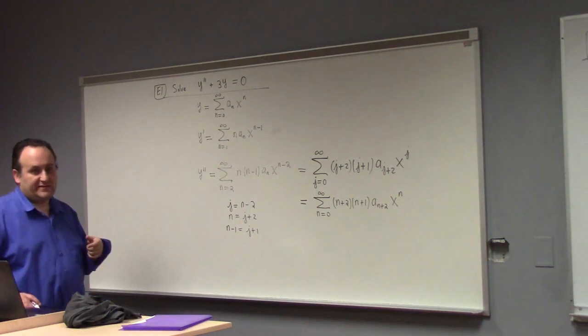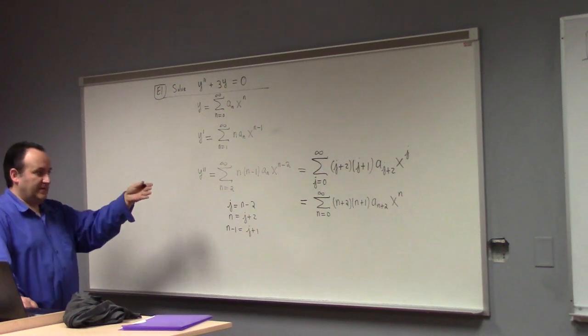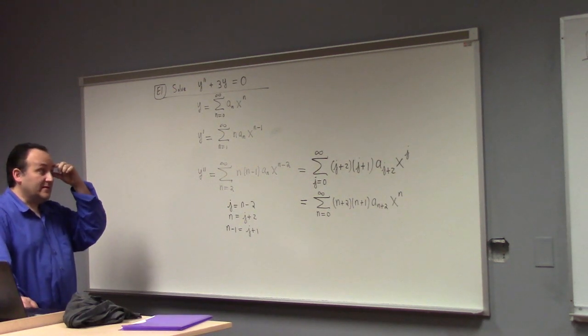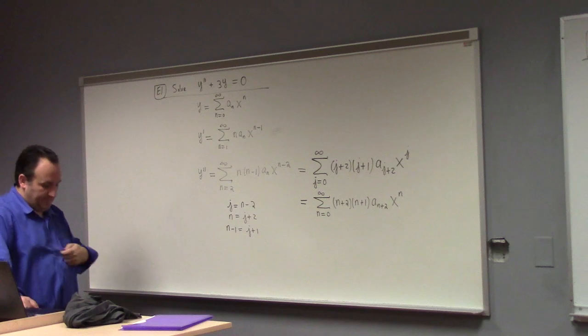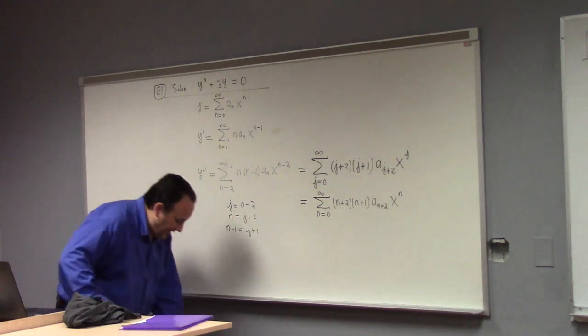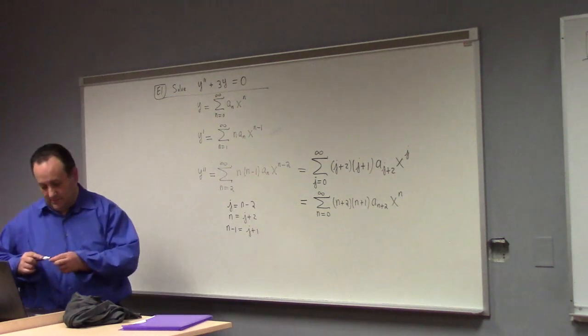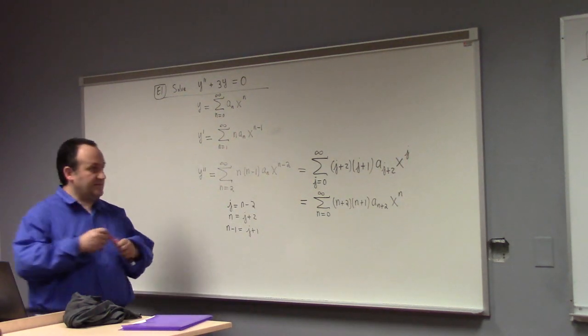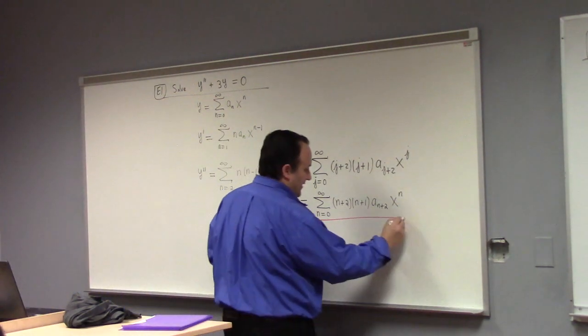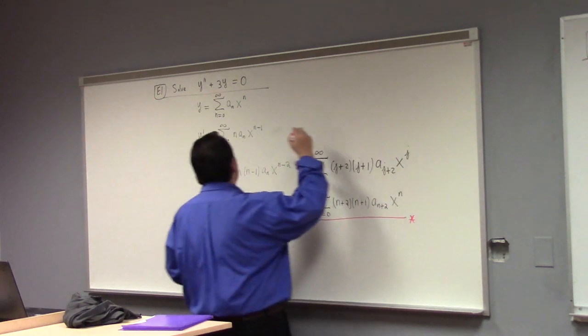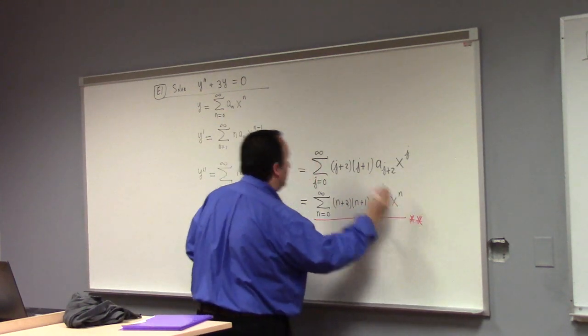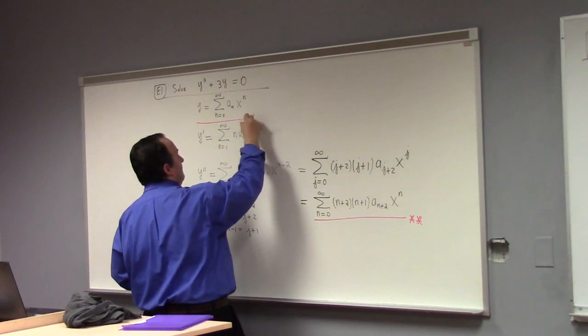You can change the letter like this. The reason I want to do that is because when I plug in what I just derived back into the differential equation, it's nice to have the same letter on both. So let me call this star star, and I'll call the original one star.